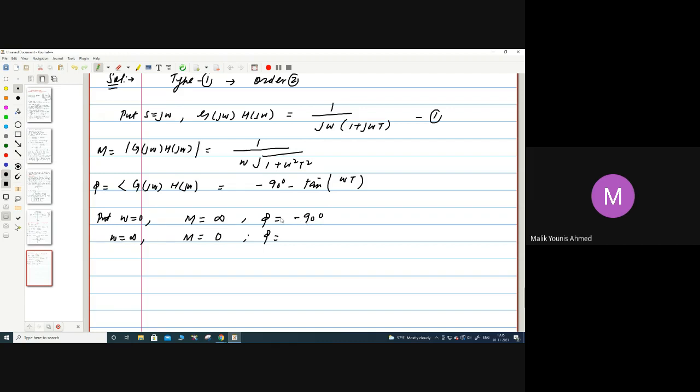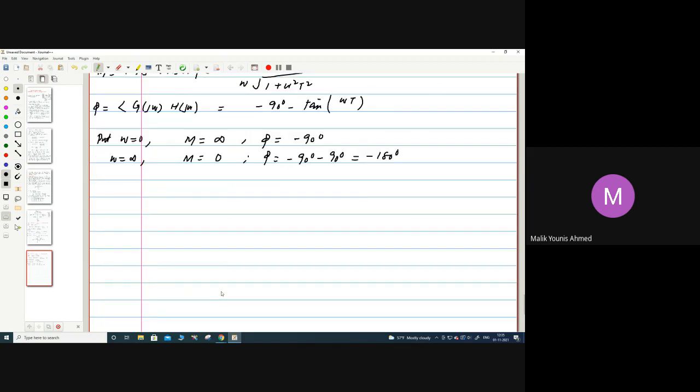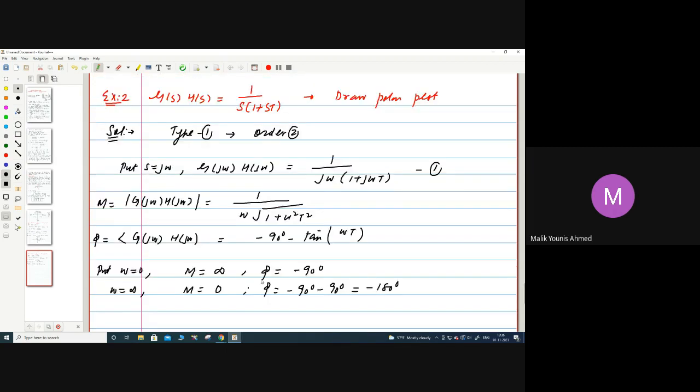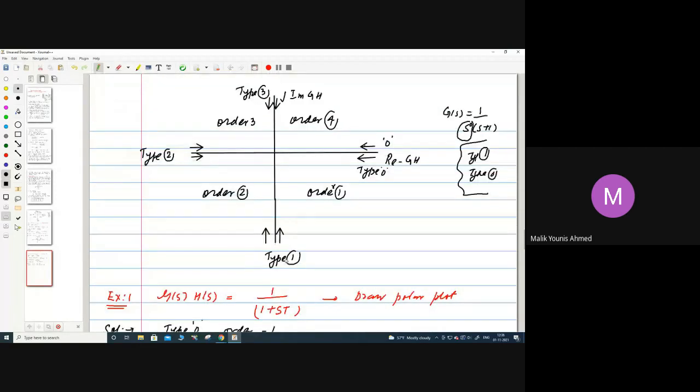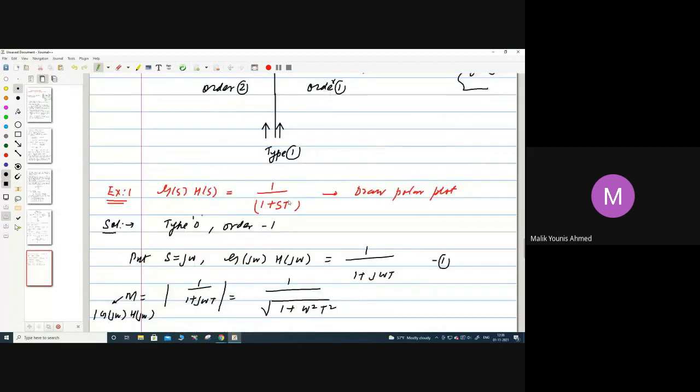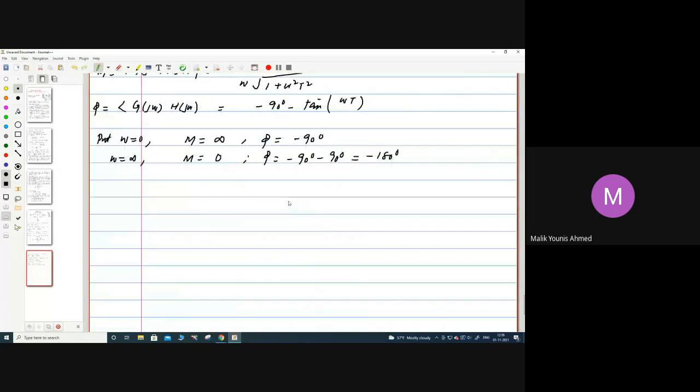So that is minus 90 and minus 90 degrees. This will be minus 180 degrees. So okay, now we'll draw the graph again. From our calculations, it should start from here, type 1, and it should end here. This is our previous rule. Without calculating, we have to know this. But let us draw the actual graph. So drawing the graph again.